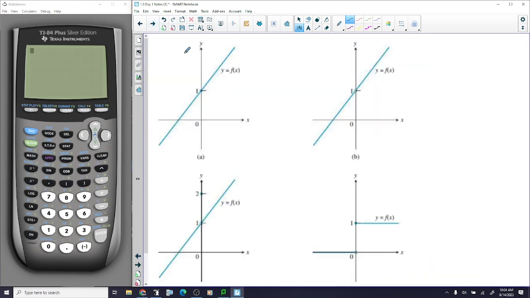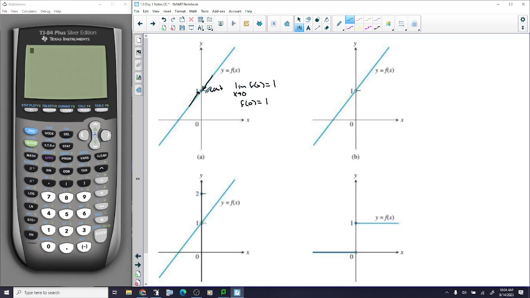So here we have some different types of discontinuities. Here, this function is continuous at x equals 0 because if we look at the limit as x approaches 0 of f of x, it is equal to 1. So as we approach 0, the function value goes to 1 on the left side, and as we approach 0, the function value approaches 1 on the right side. So the limit is 1, and at f of 0, we have a value of 1.